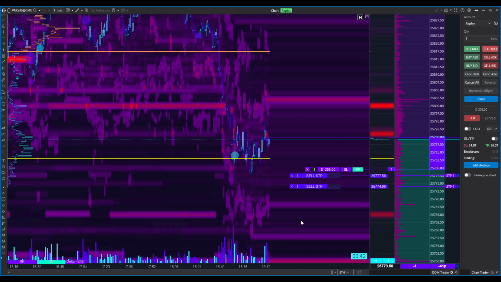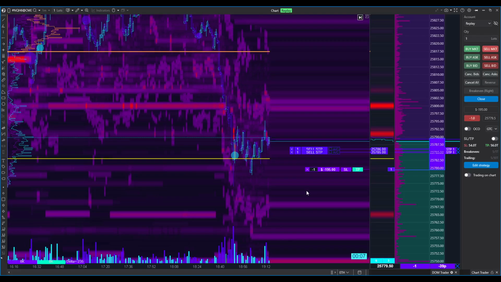So this looks like a bear flag. Order placed. Sell volumes increasing.